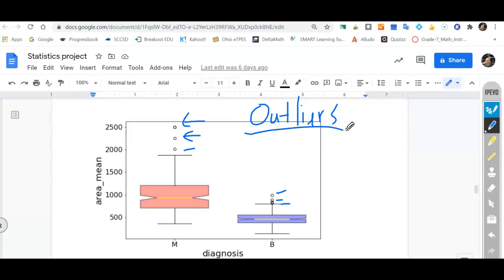Sometimes, if you've got a large set of data, if you've collected data from millions or even thousands of people, you're going to take the top few data points and the bottom few data points and you're going to throw them out. In this case, they took the top 3 and they just made them separate dots and showed that those 3 would throw off the rest of my data.